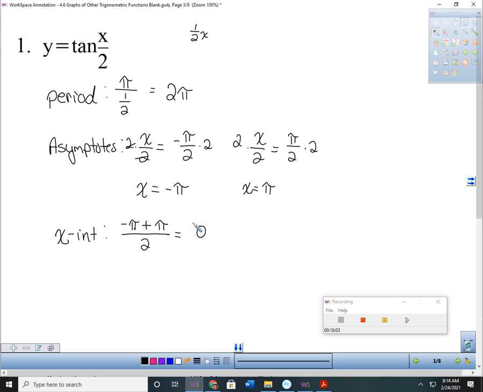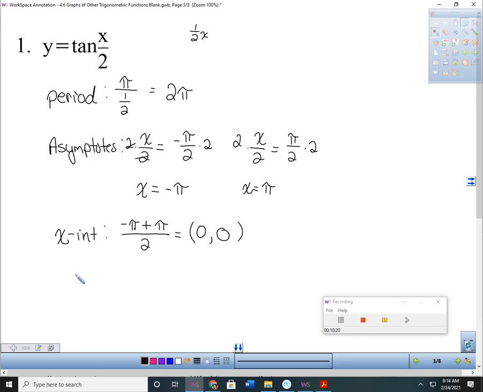Now, when I get to 0, I like to go ahead and make my point over here. That's going to represent the x value, all right? And if you didn't add or subtract a number on the outside of this tangent, then this will just be a 0. Also, if you didn't multiply a number in the front, because that'll stretch or shrink, okay?